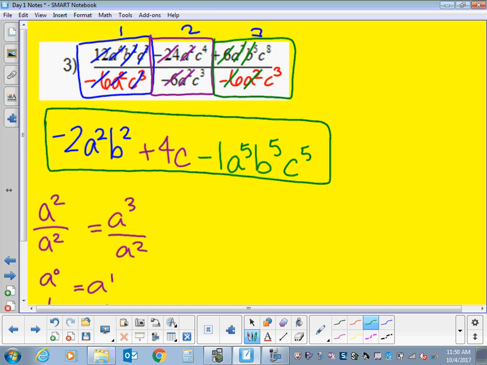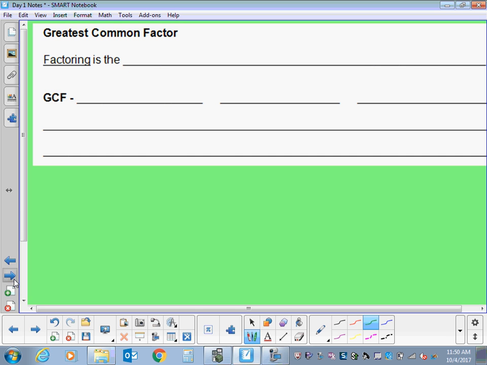All right, so greatest common factor. Factoring is the opposite of distributing.